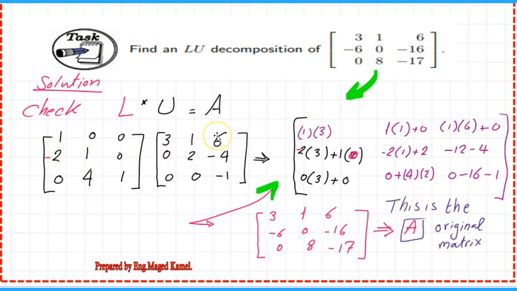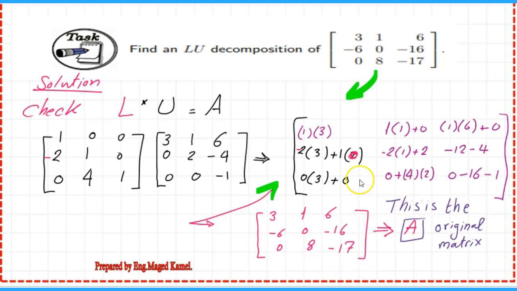Minus 2 by 6 is minus 12. Minus 4, minus 16. 0 by minus 1, nothing. And this one by this, 0, 0, 0, 0, 8, 8, 0, minus 16, minus 1, minus 17, same.